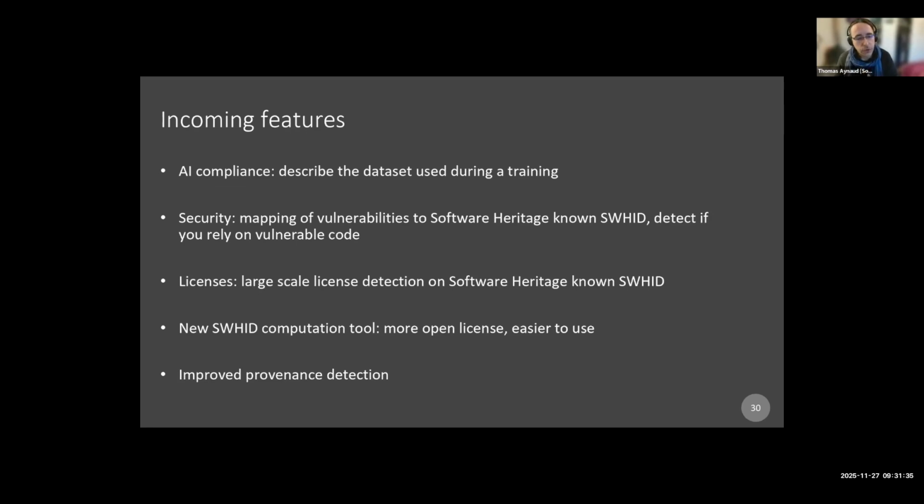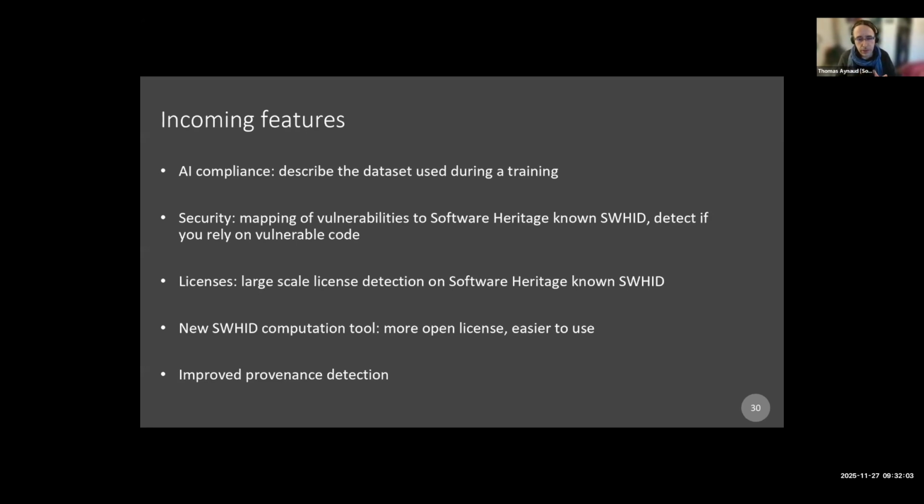We are also building a new suite computation tool, which will get a more open license. Today it's GPL, so it can be complicated to include that if you are not using a GPL license. So with an ISO standard, we believe that we should write, for instance, a BSD or MIT suite computation tool so that everyone can use it easily.